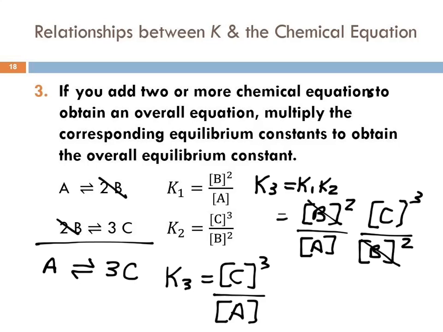You can find the energy of a reaction by adding reactions that you know to get the final reaction you're looking at, because the final energy and the initial energy are independent of the pathway. And if you were dealing with equilibrium constants, you just multiply them when you add the equations.